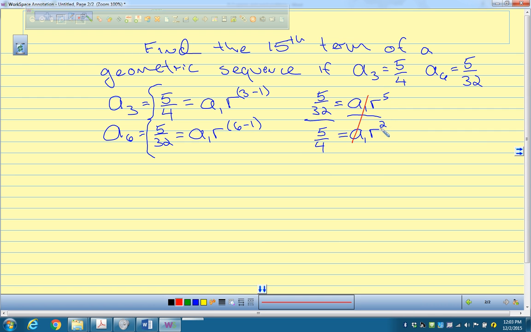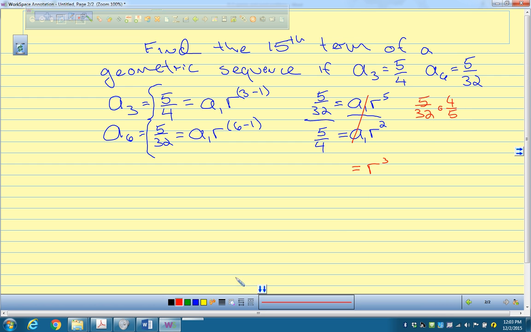What's r to the 5th divided by r to the 2? Subtract the exponents, what do you get? R to the 3. So you get r cubed equals this divided by this. And you go, I don't know how to divide 5/32 divided by 5/4. Well, we'll do it. 5/32, you flip this over, 4 over 5.